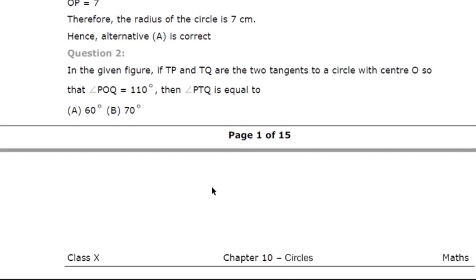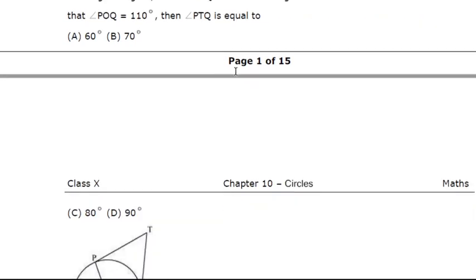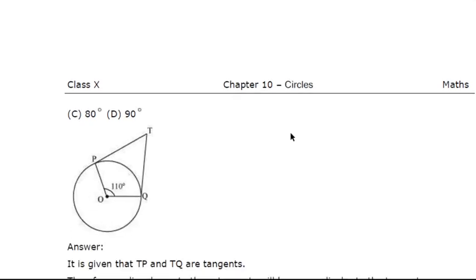Now question number 2. In the given figure, if TP and TQ are the two tangents to a circle with the center O, angle POQ is 110 degree, then find angle PTQ.